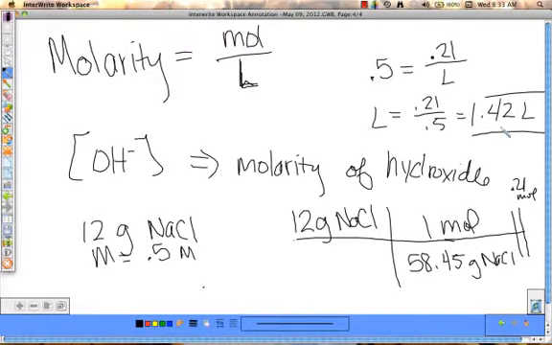So measure out 0.42 liters or 420 milliliters. Add your 12 grams.